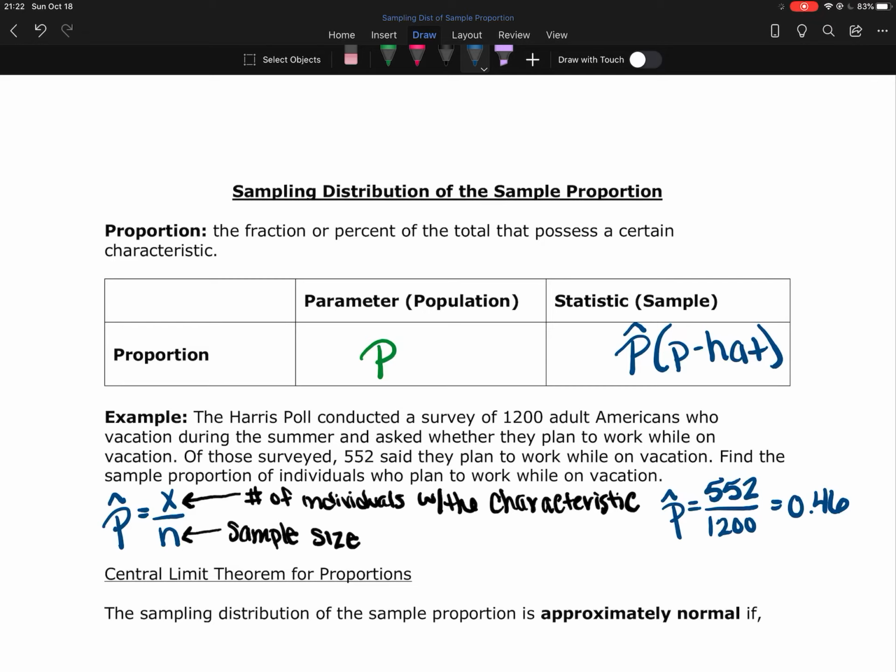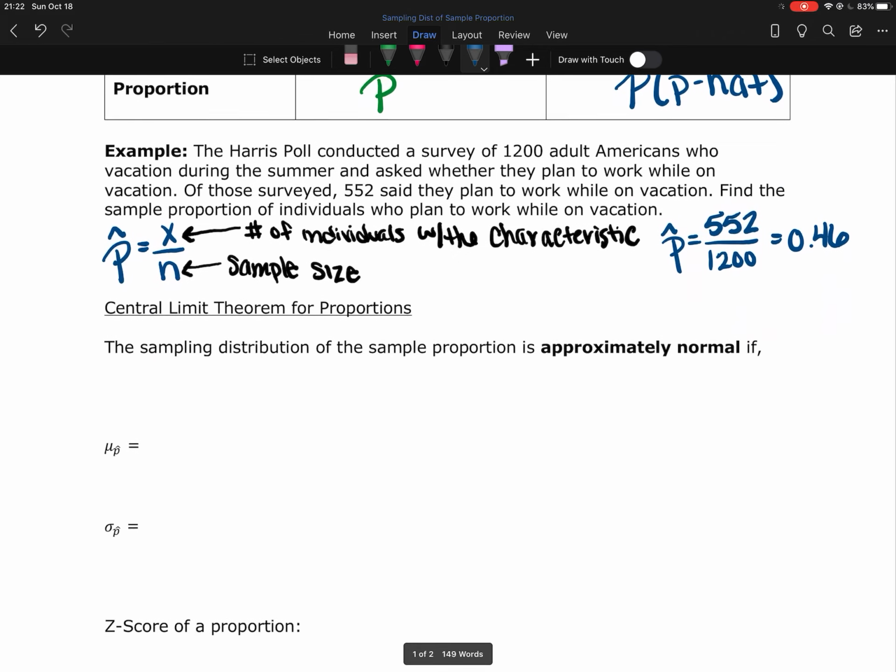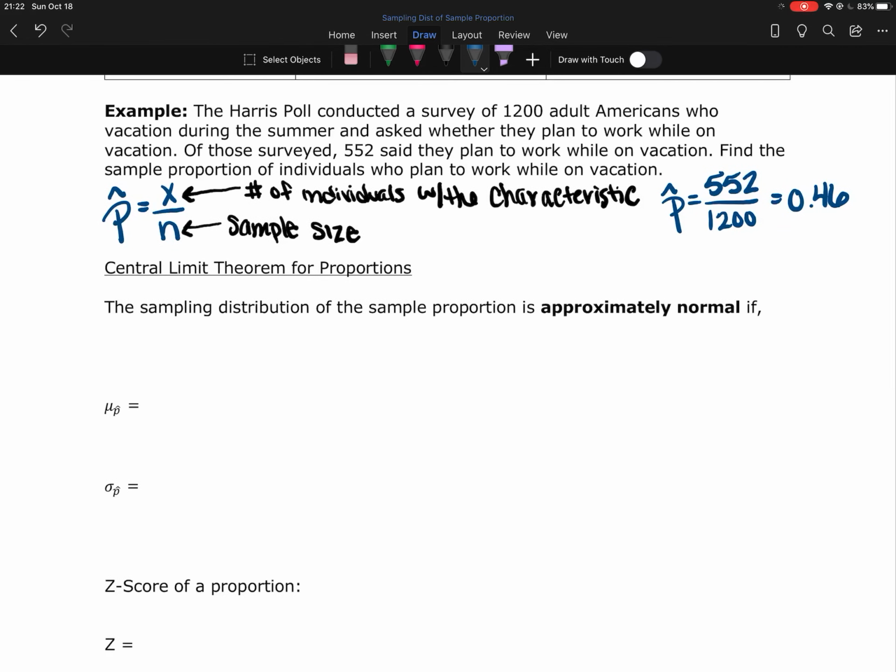So now the sampling distribution. The sampling distribution is looking at all possible samples of size n and looking at the sample proportion from each sample. So this will be approximately normal if, and the formula that I'm going to give you is going to differ slightly from the one in your textbook.